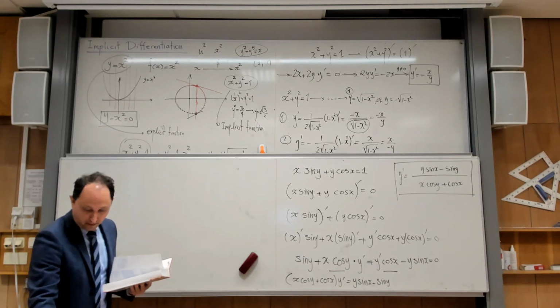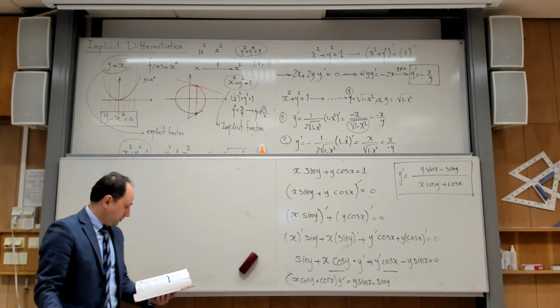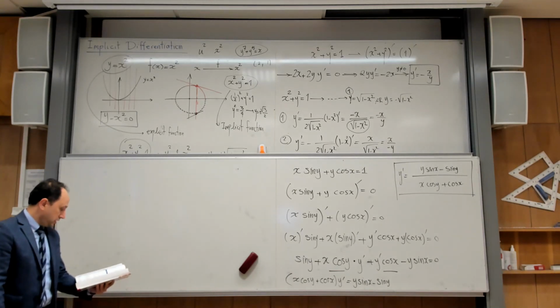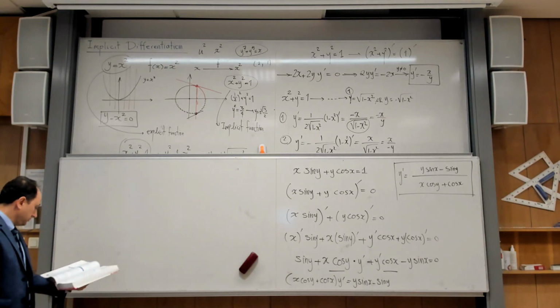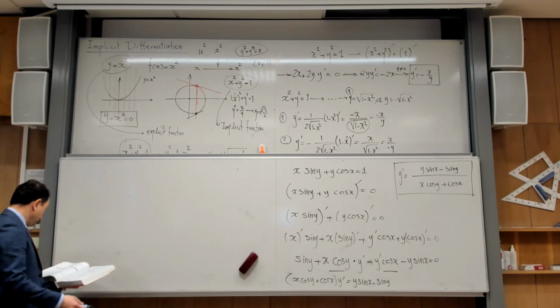The question is that you are supposed to find an equation for the tangent line of the following curve at the given point.